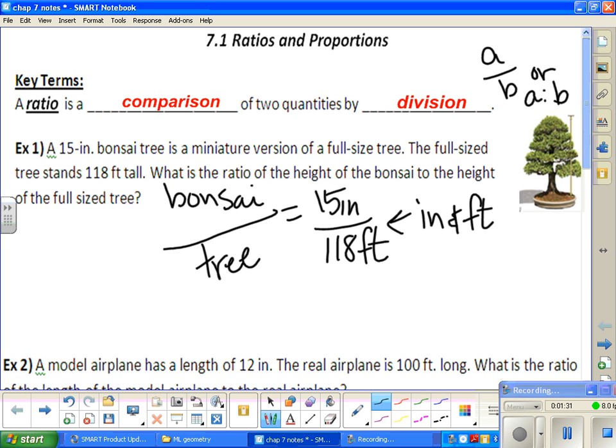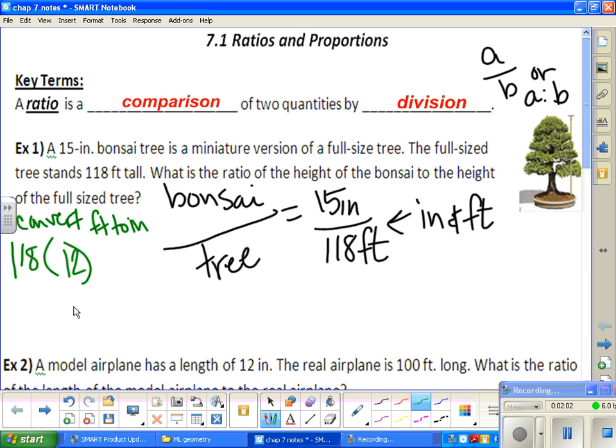You can only have one unit, so you always make the bigger unit go into the smaller. So we're going to take 118 feet, and how many inches are in a foot? There's 12, so we're going to multiply. We're converting feet to inches.